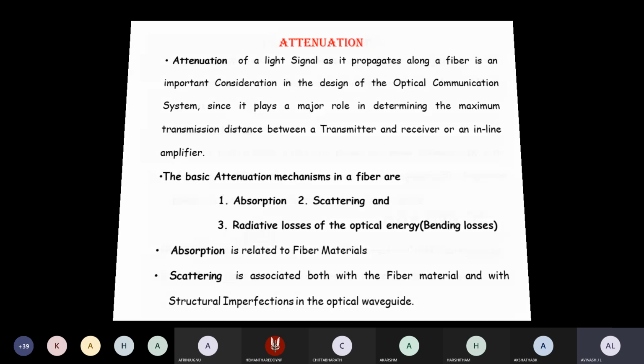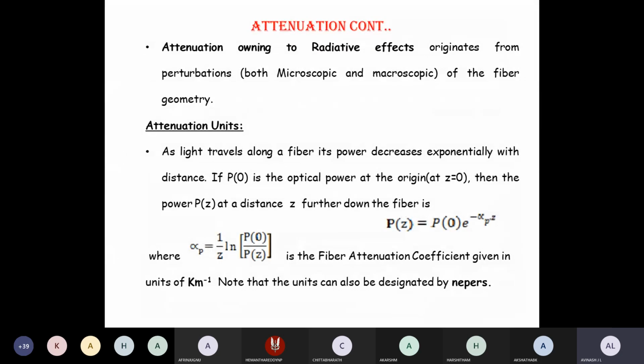So in radiative effects, the wave is getting radiated from the core to the cladding and from the cladding to the outside. Here the light is not getting absorbed, nor getting scattered. The light ray is radiating the energy.